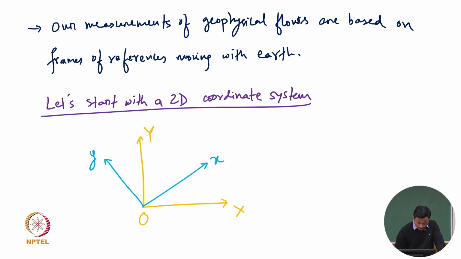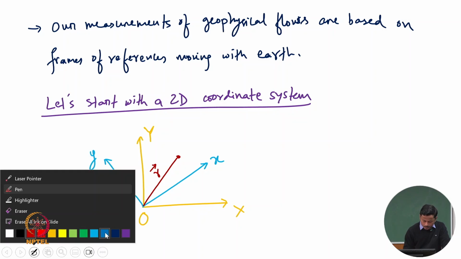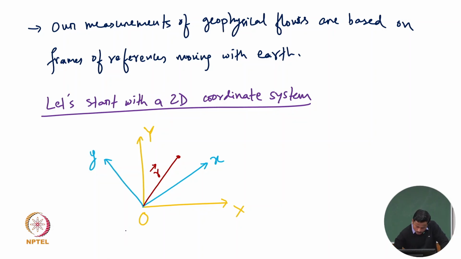Now there is a certain point which is at a distance R from the origin. This distance is y, this is x in the small, rotating coordinate system, and this distance is capital Y, and this distance is capital X in the fixed frame of reference.